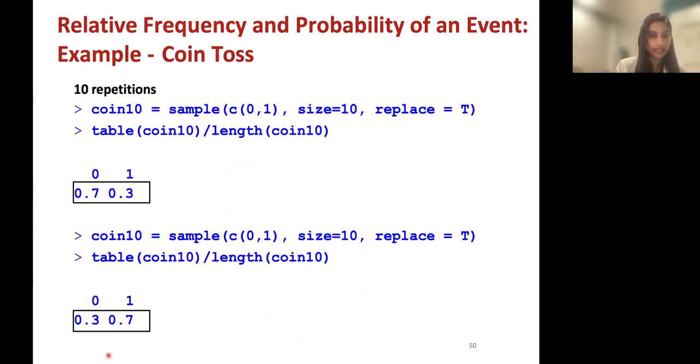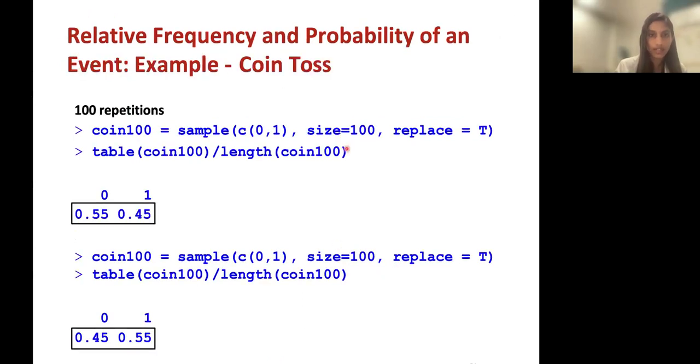Again, you're repeating for 10, you're getting the same thing. And now you're doing it for 100 times. Now you can see that the frequency of head is 0.55 and the frequency of tail is 0.45.